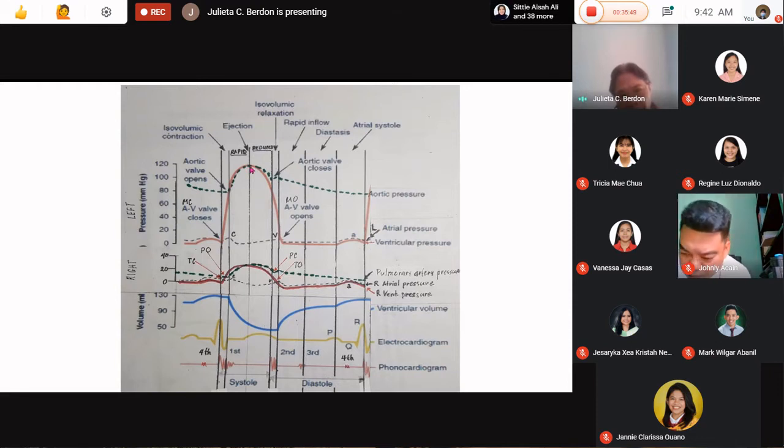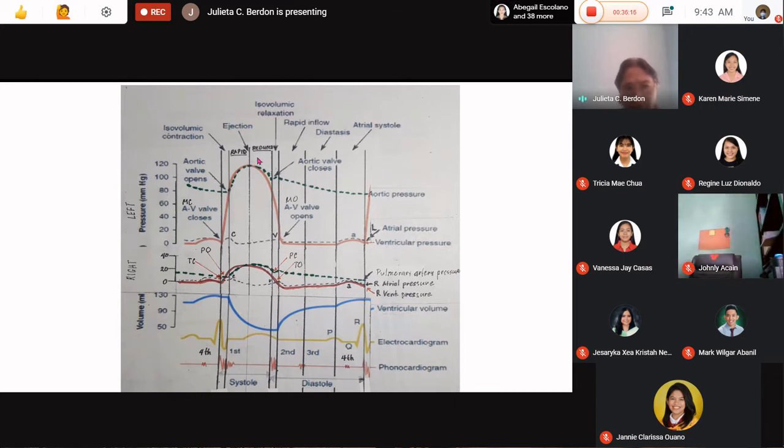Okay, so at this point, this will now divide. That's why I put it there, because some authors divide this into two. The two will be the ejection phase, as shown in your Guyton, but we have divided that into the rapid phase and the slow phase, or the reduced ejection phase.